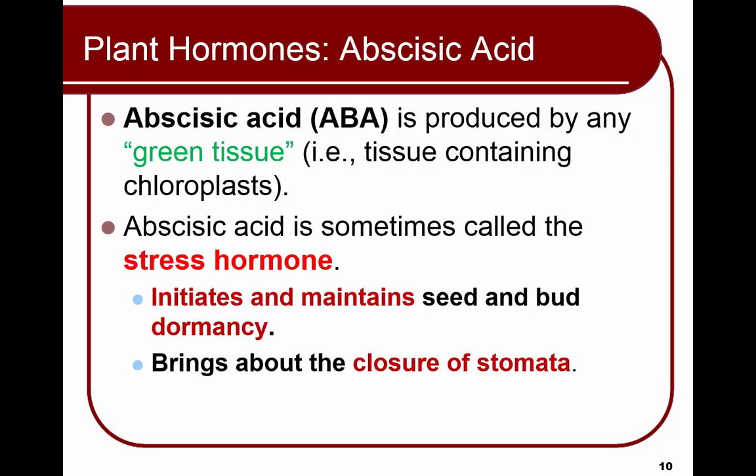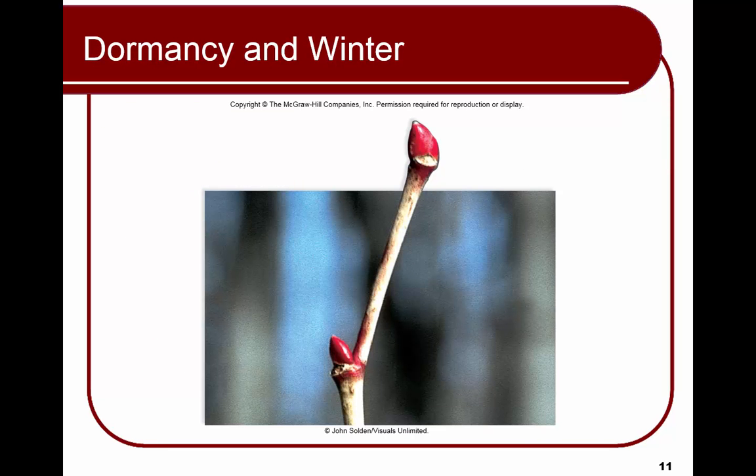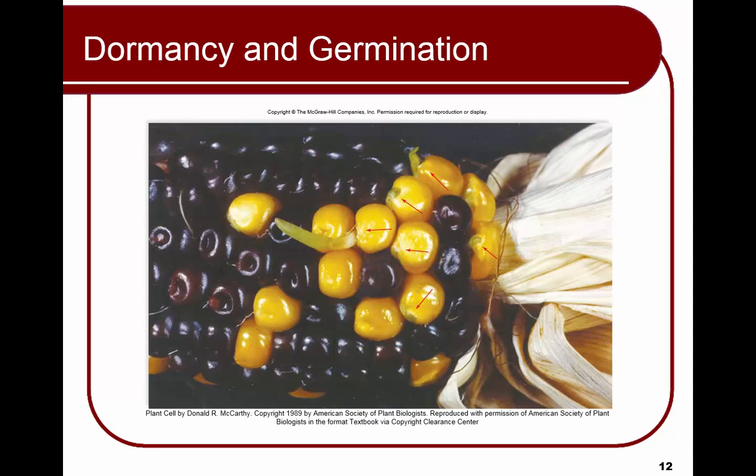Abscission is just the dropping of the leaves or the flowers or the fruit. Winter buds on plants form because of abscission. This is Indian corn. It has reduced sensitivity to the abscisic acid.